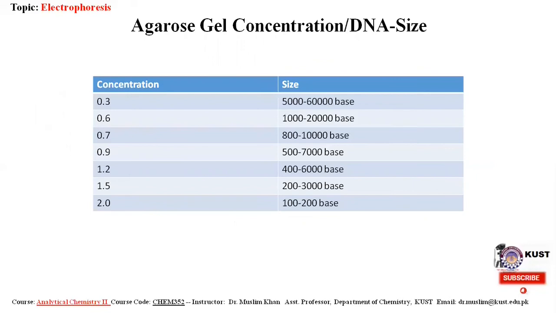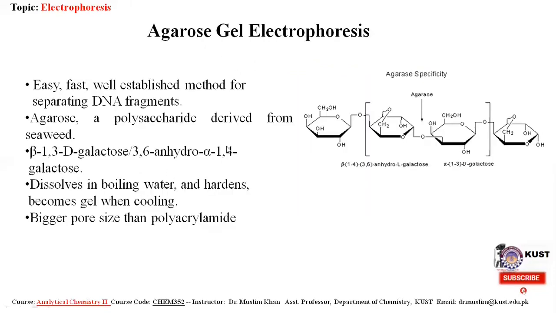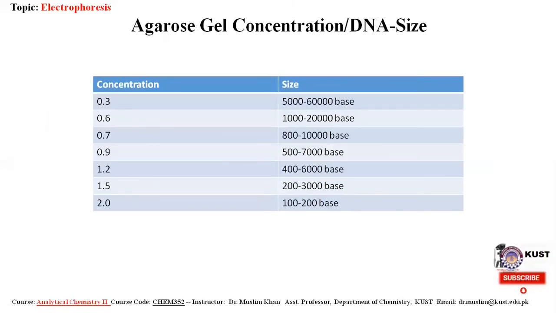As I told you in the last lecture, this is a well-established method for DNA fragments. Whenever you want to do DNA separation, you must know how much agarose concentration to use.